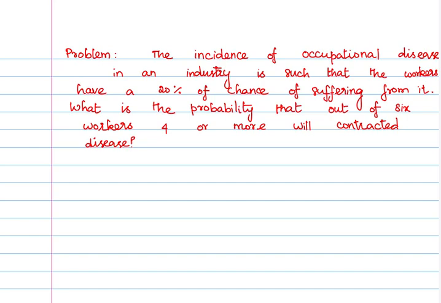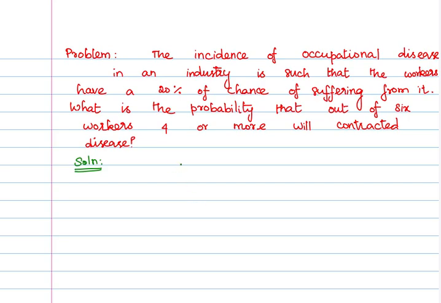They didn't give what the distribution is, so first I want to find which distribution it follows. One person has a chance of suffering from the disease or not suffering from it. So it is automatically a Bernoulli trial, and I will choose that this is a binomial distribution.